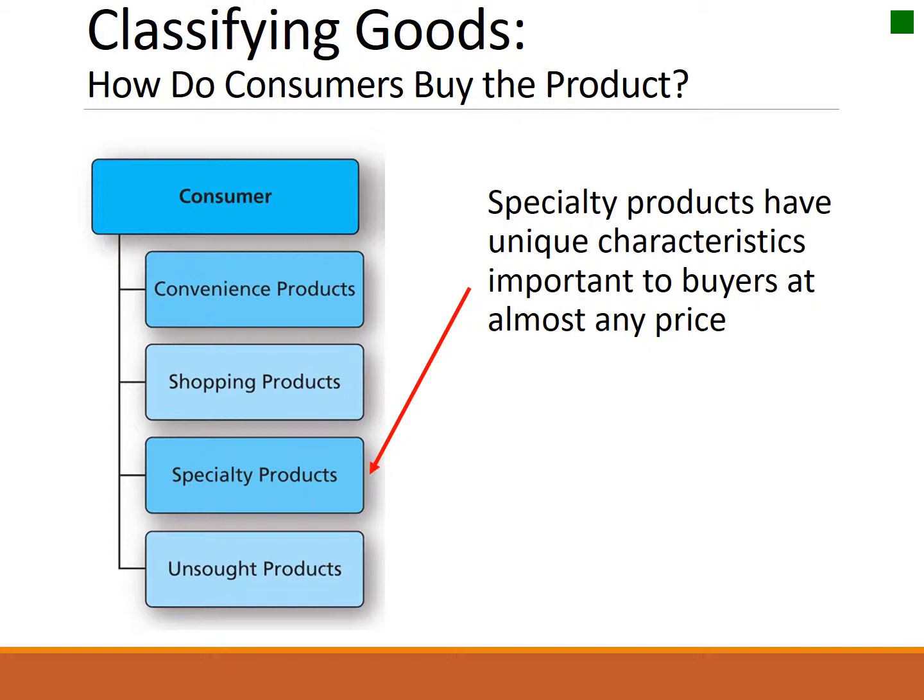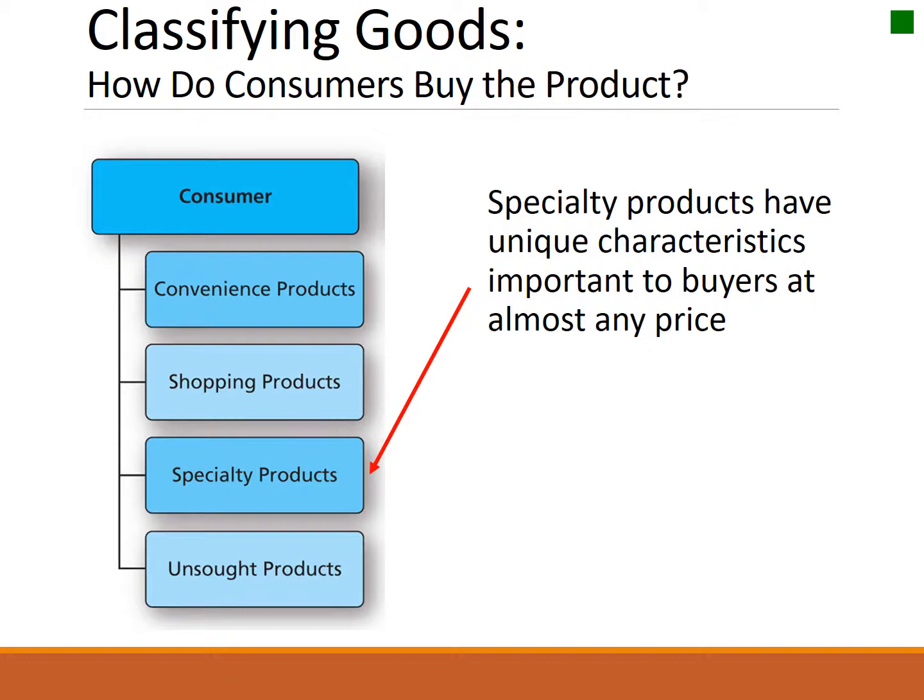You have to go out and you have to find these. Customers are generally very brand loyal, or there's a loyalty factor. Specialty goods tend to cost more, and merchants or retailers that handle specialty goods will usually have a fairly deep assortment. Instead of a broad assortment, they'll be fairly deep in a product category and be very specialized for this.